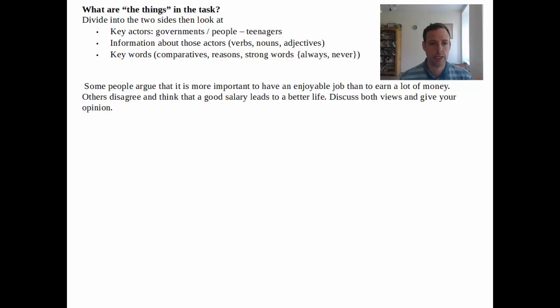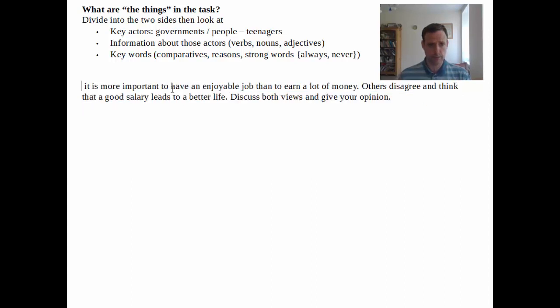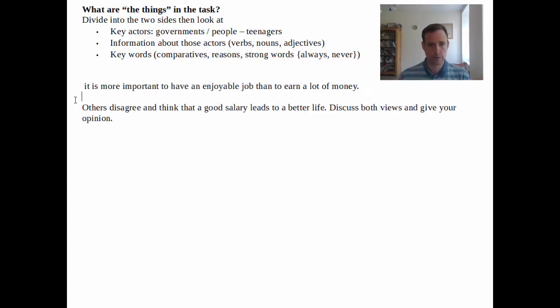Okay, so here's the second exam task. Discuss both sides. Quite similar to the first, but definitely different. So we're going to do the same thing. Again, press pause now and read the exam task. Okay, same thing. I'm going to get rid of that. It is more important. Others. Good salary leads to a better life.